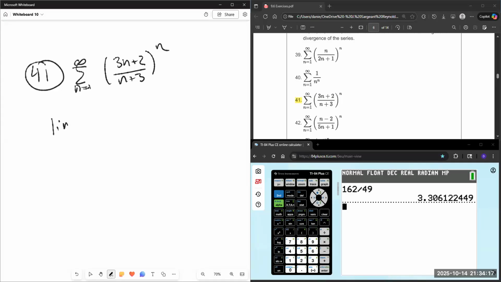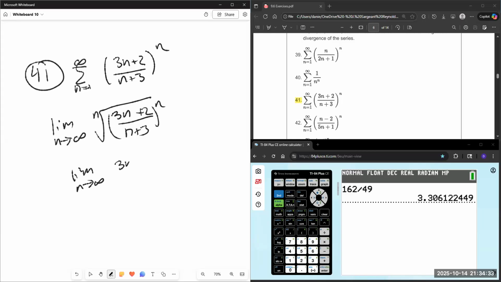So the limit as n goes to infinity of the nth root of ((3n plus 2) over (n plus 3)) to the nth power will be the limit as n goes to infinity of (3n plus 2) over (n plus 3), which is equal to 3, which is greater than 1, so this diverges.